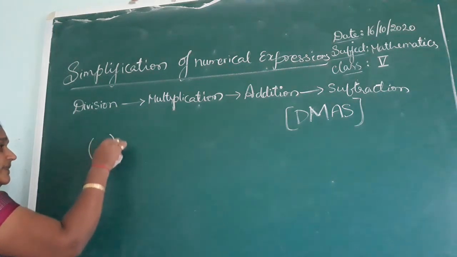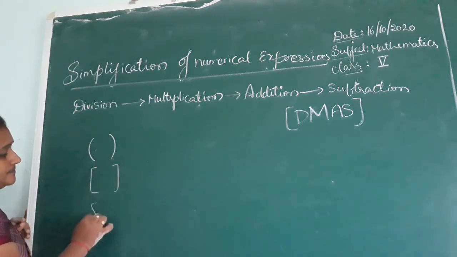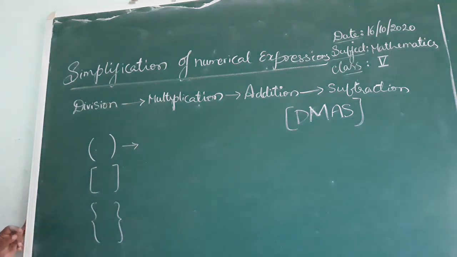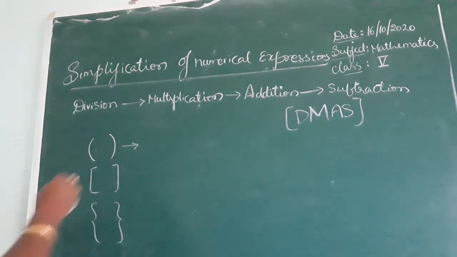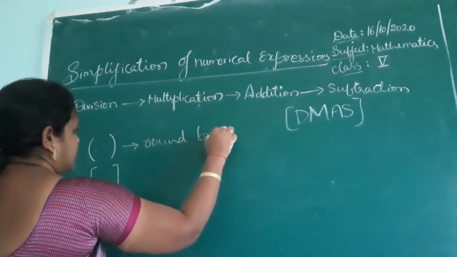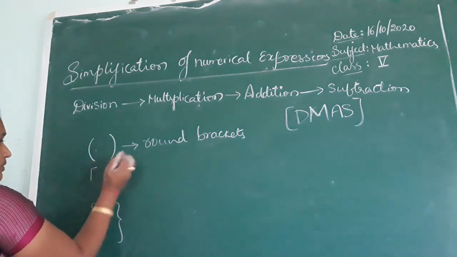First one, next one, and this one. What do we call that bracket? Round brackets.